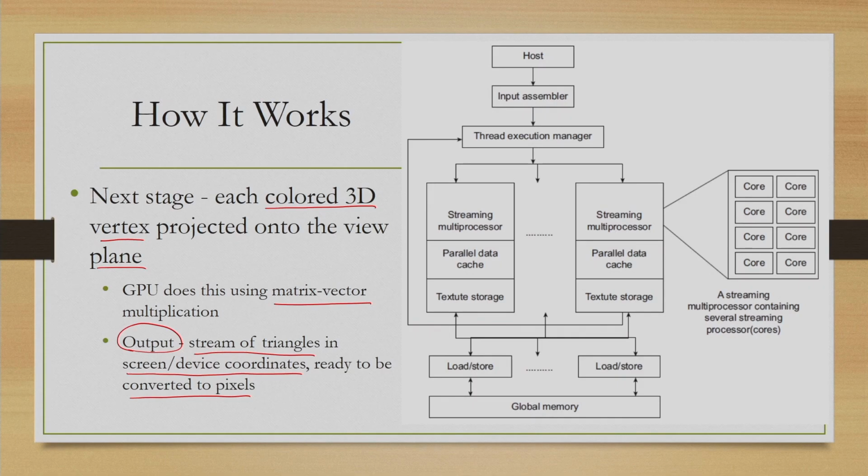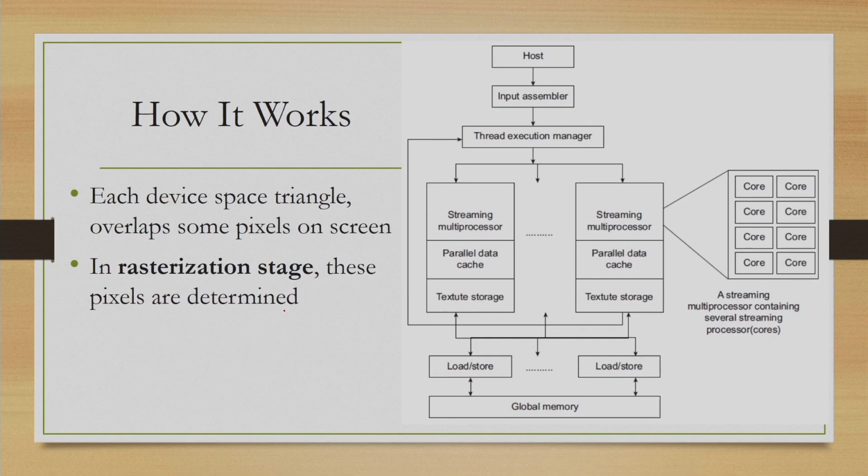Now, note here that this projection actually involves view transformation also, which we have not explicitly mentioned here, as well as window to viewport transformation. All these transformations we can club together by multiplying the corresponding transformation matrices to get a single transformation matrix. So, after that stage we get the device space triangles.